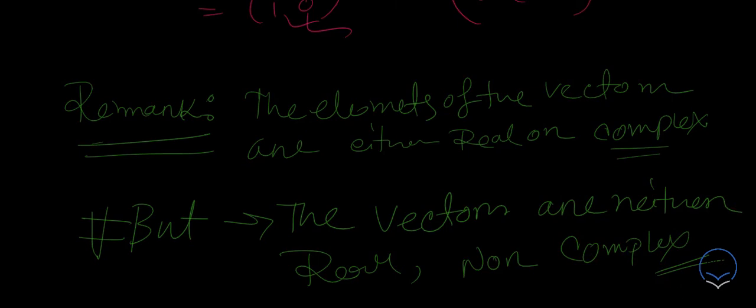You see that this remark may be a bit odd to you, but we'll talk about it when we look at vector spaces. But this is a very important remark to keep in the back of your head, that the elements can be real or complex, but the vector itself is just a tuple of numbers which may be either real or complex. So this will be it for today.